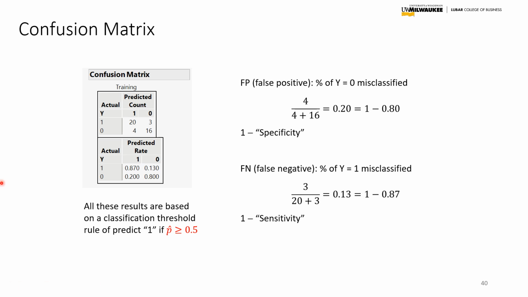I'll note here that the misclassifications are the values on the off-diagonal, and thus we see there is a total of 4 plus 3, or 7 total misclassifications, which is what we saw earlier in aggregate.